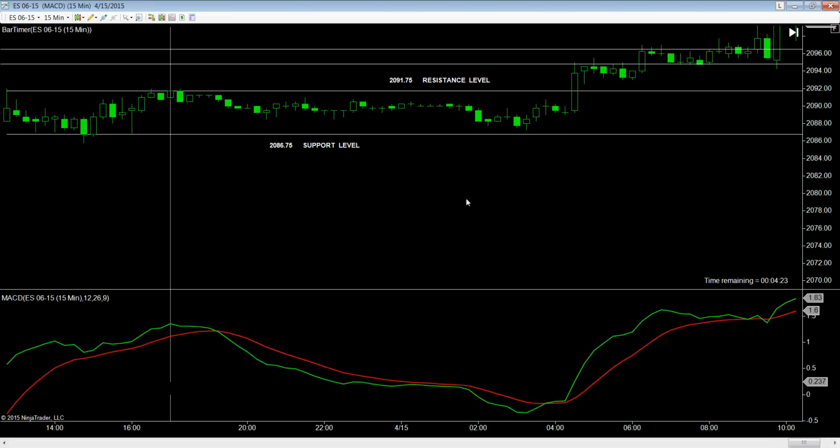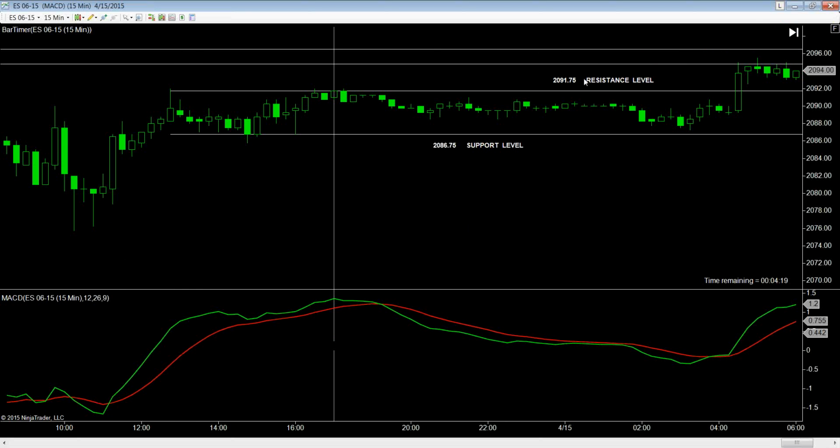So now that we know all this, and we know that the clear resistance level is 2091.75 on a 15-minute chart, the question becomes, what is the absolute level to be in? This trade was taken by a lot of people who've been through the system here this morning, just this morning, ironically enough, this is good for us.